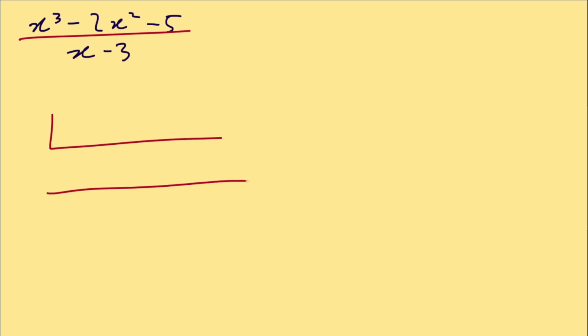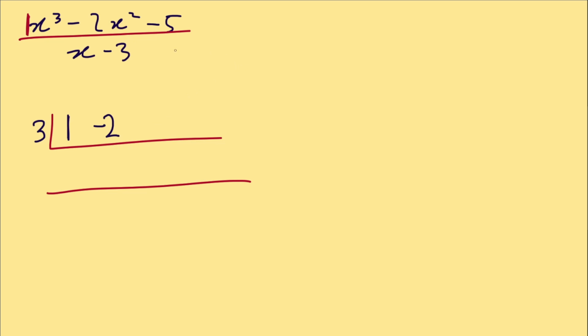So you draw your lines. What goes on the outside? It would be positive 3. Now you set up the coefficients. So you have 1. Negative 2. Remember the negatives. Now here, you don't just go ahead and write negative 5.